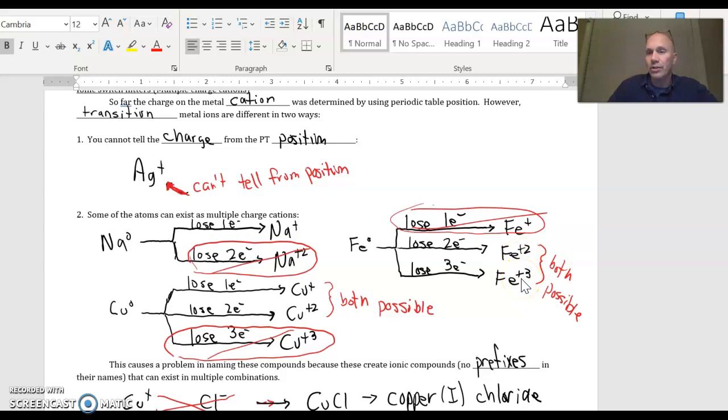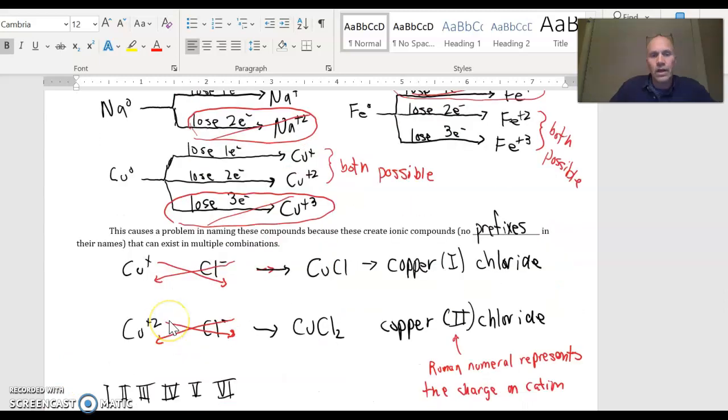So this creates a little bit of a difficulty when doing formulas for compounds containing these ions, because there's more than one charge present, whereas when we were dealing with the other metals, there was only one charge that was possible. And this creates a problem when coming up with formulas of compounds. We just said above that both copper +1 and copper +2 ions exist.